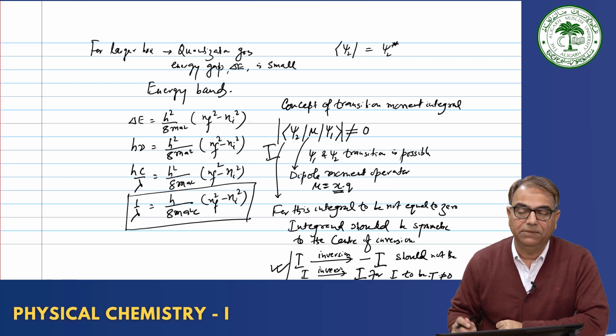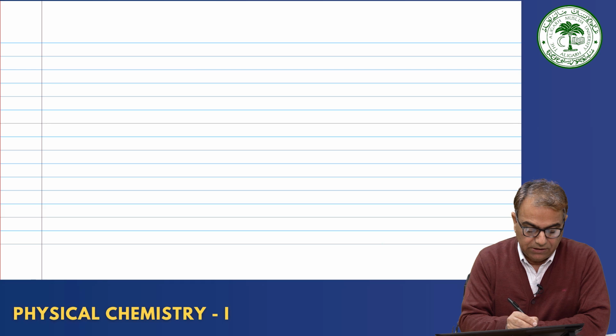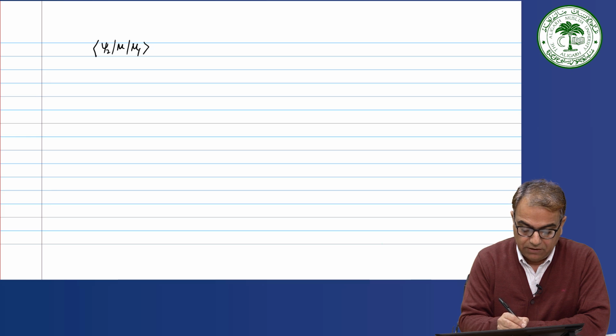Let us see what it means. How do you invert this one? If you have this transition moment integral as psi 2 mu psi 1, then mu is actually x.